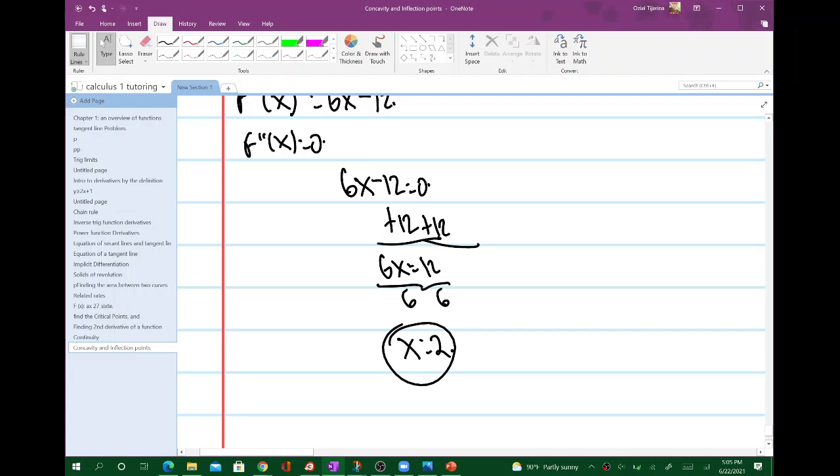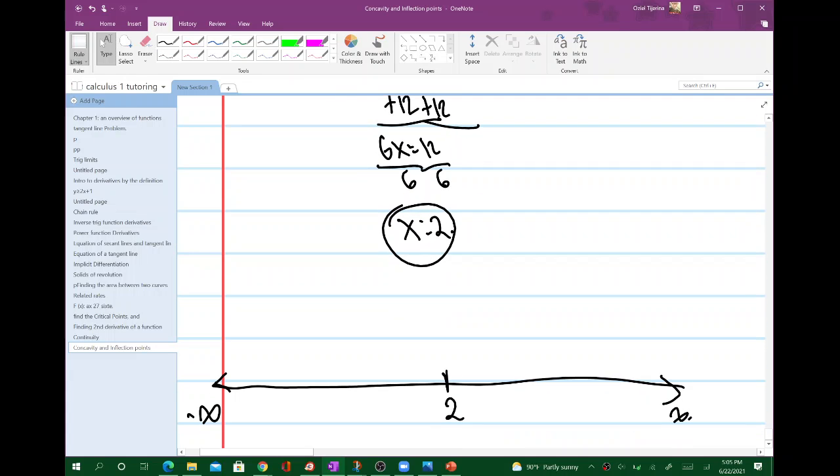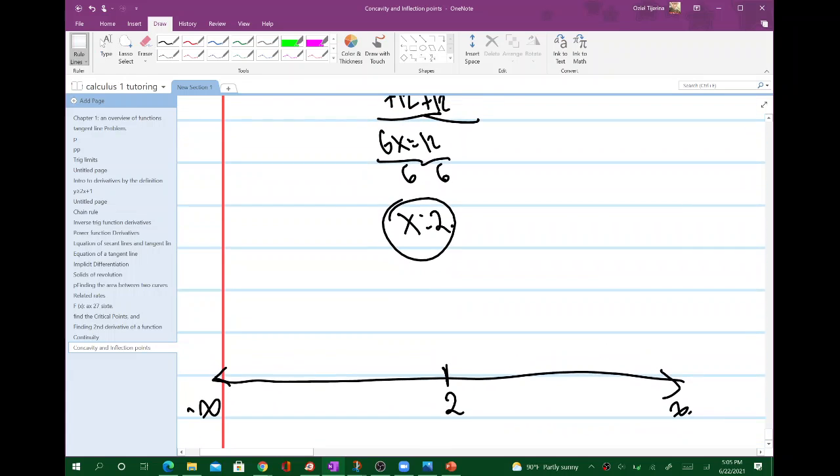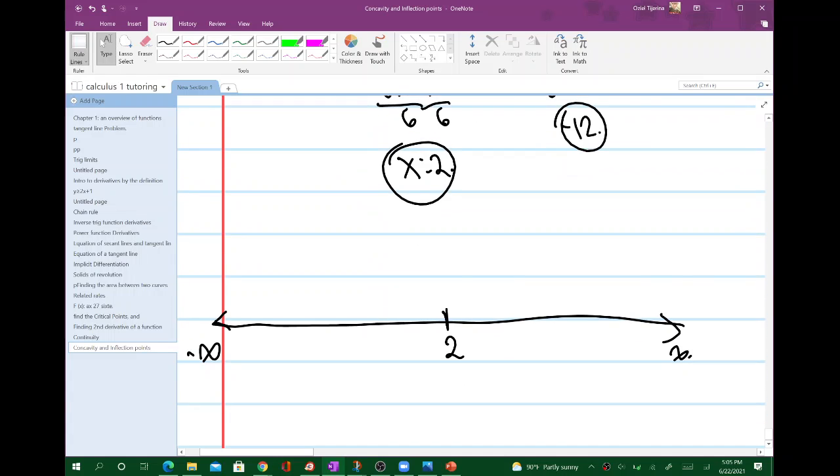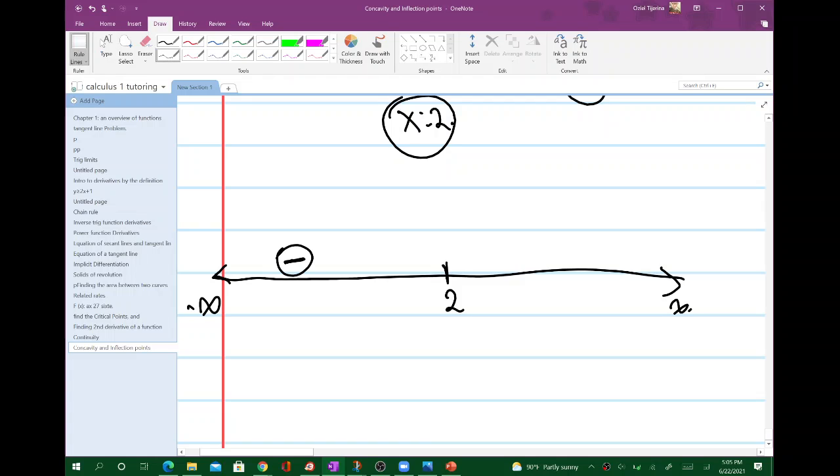For example, if we do x equals 0, we get 6 times 0 minus 12, and that's negative 12, right? So this would be negative, which means it is concave down at this interval.